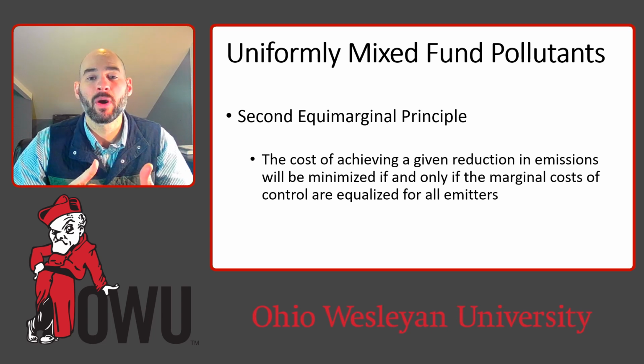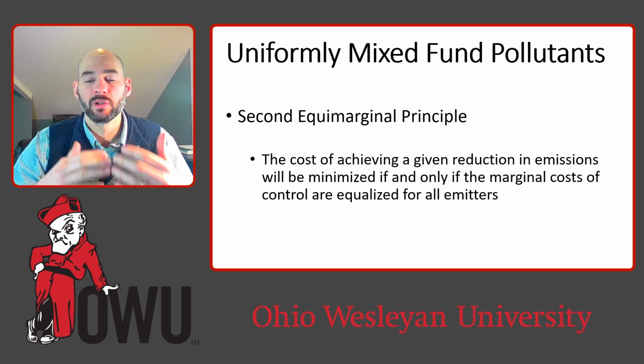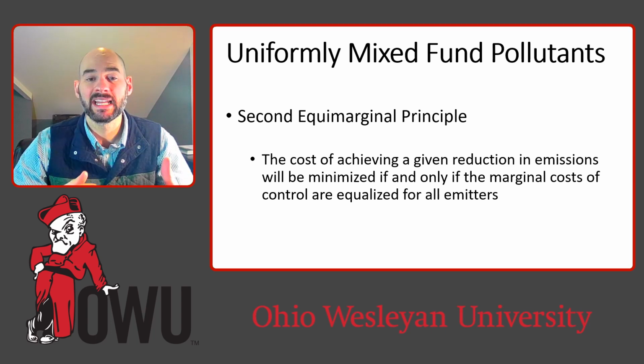Now, the second equimarginal principle is going to be when we think about minimizing pollution when there are multiple polluters. And here we're going to focus on the marginal cost again.